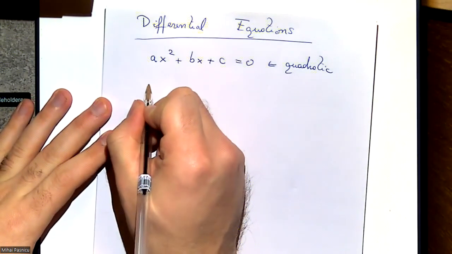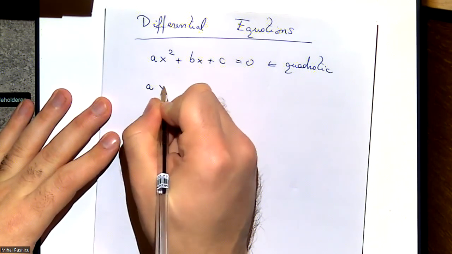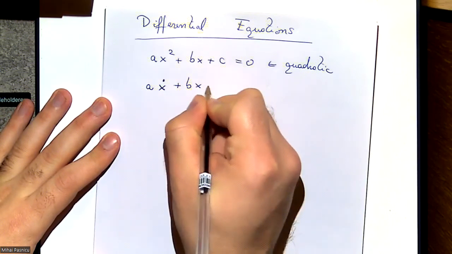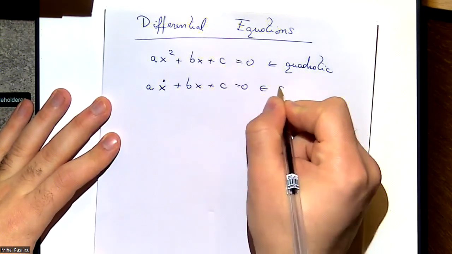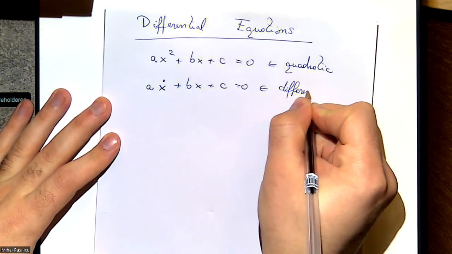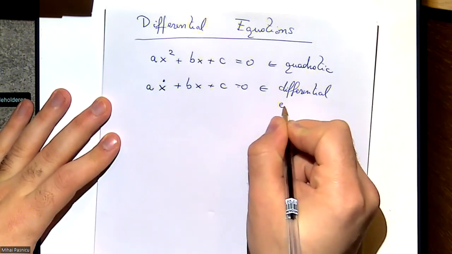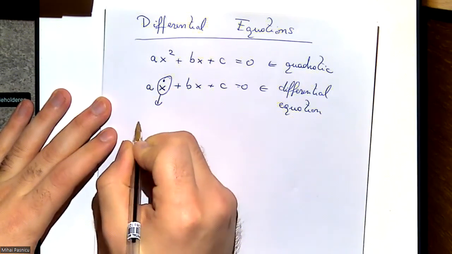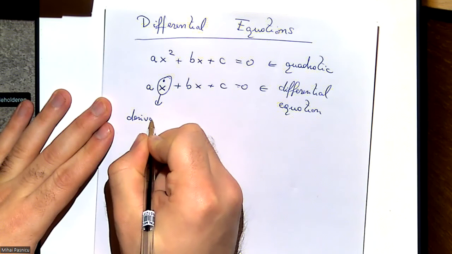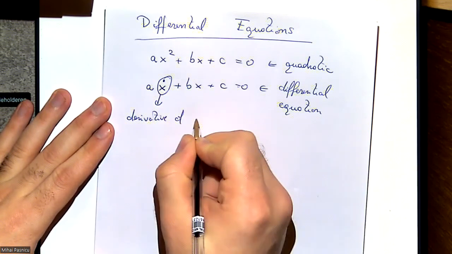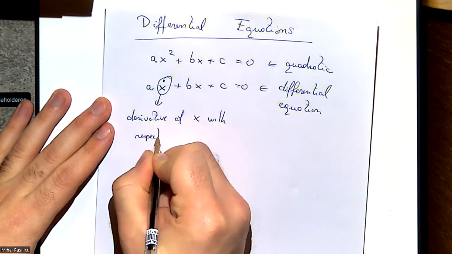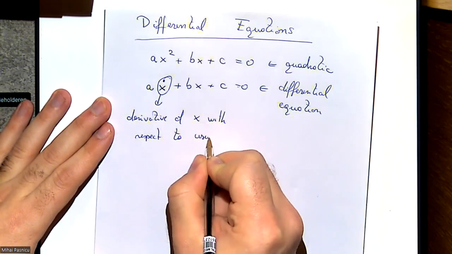Now, the difference in differential equations is that instead of this x squared, you just have an x dot here: x dot plus bx plus c is equal to 0. This is a differential equation. This x dot is just the derivative of x with respect to, usually, time.